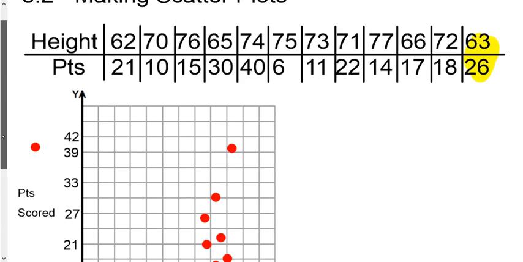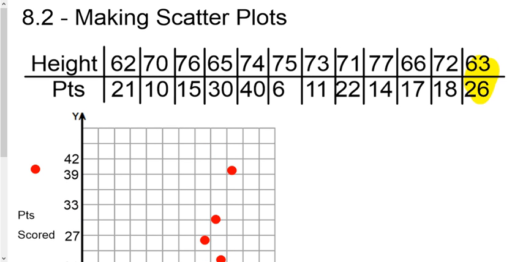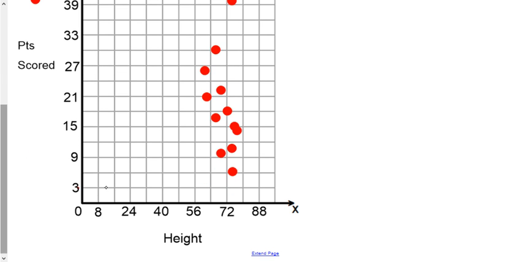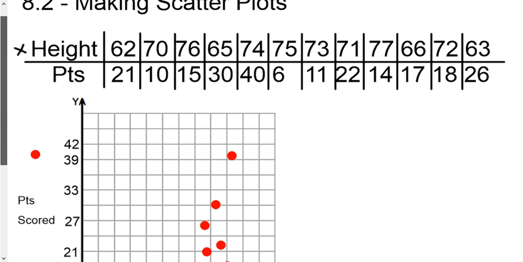So there you have it. We've constructed this scatter plot. We had two sets of data. Our first set of data we put on the x-axis, and so you can see it plotted along the x-axis. Our second set of data was points scored, and so we put that on our y-axis.